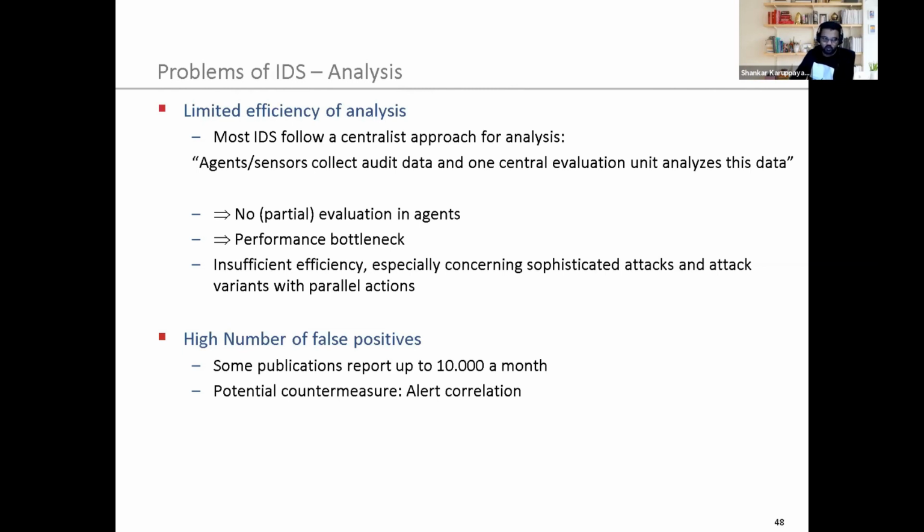Some research publications out there have reported up to 10,000 false positives a month. The potential countermeasure here is to perform alert correlation to reduce that. Instead of just considering a single alert, you correlate a few alerts and see if it makes sense to actually raise the alert.